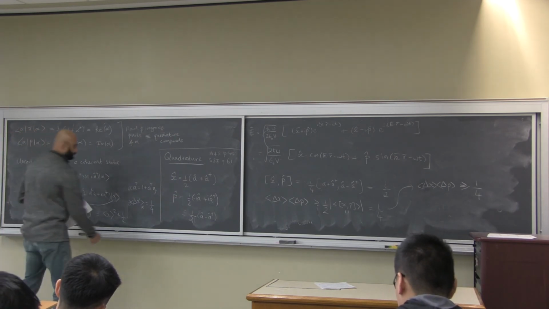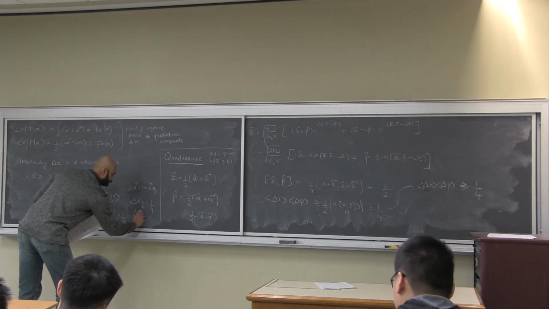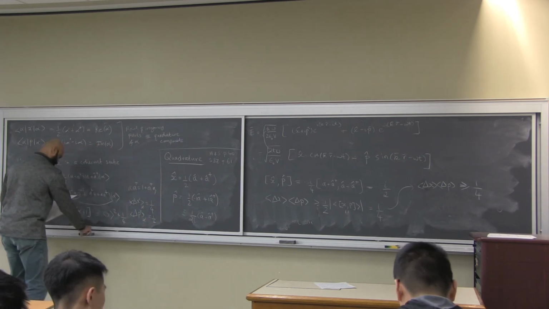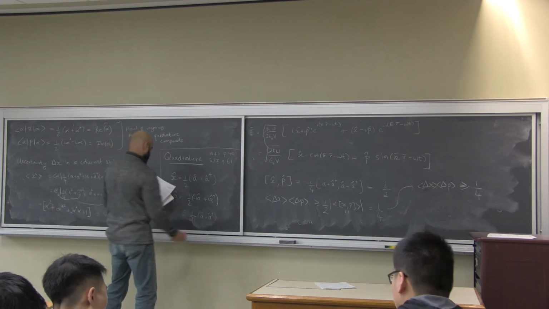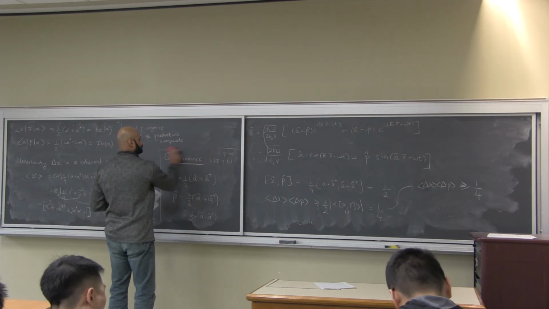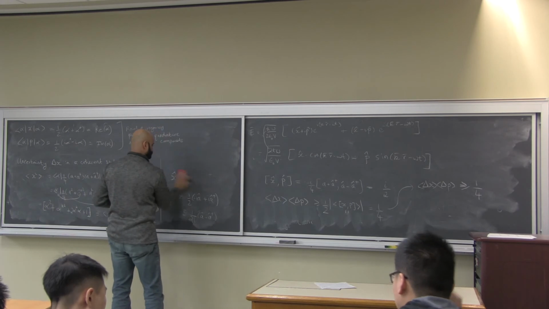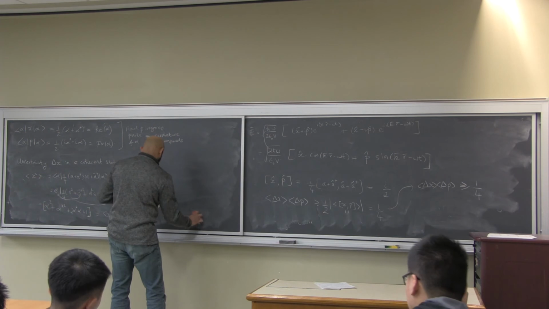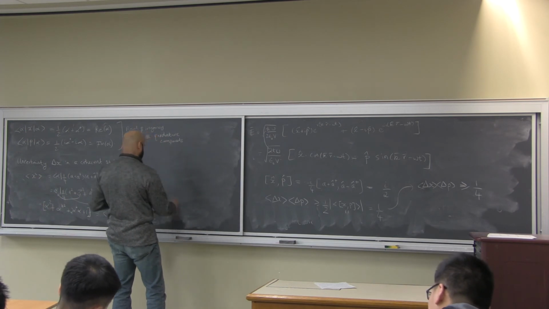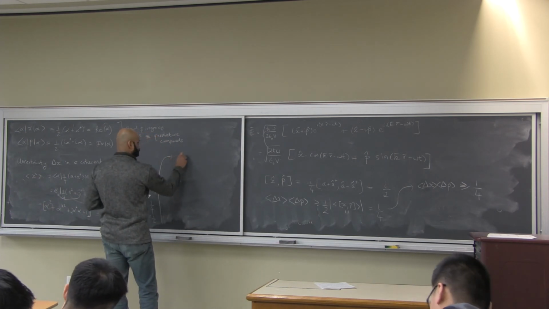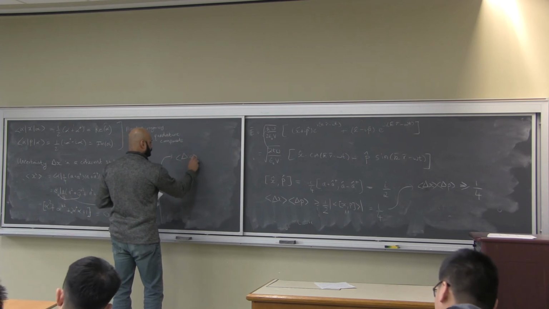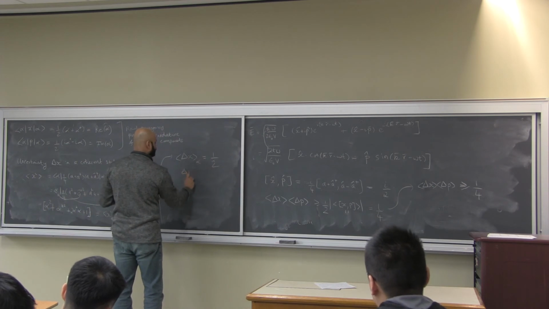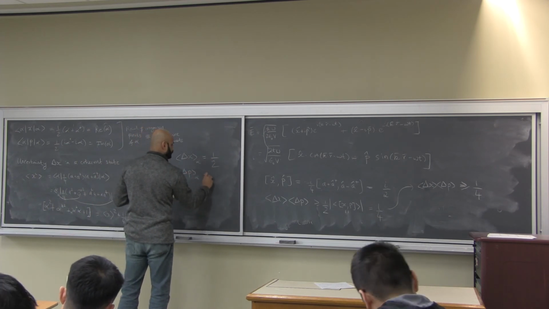Similarly, you can show delta p squared in this state is also 1/4. Which gives us that, if I take the square root, for all coherent states delta x is 1/2 and delta p is 1/2.